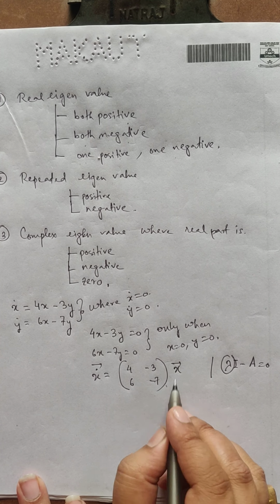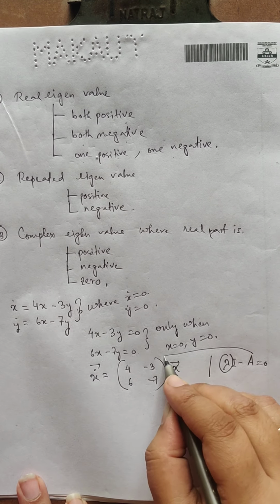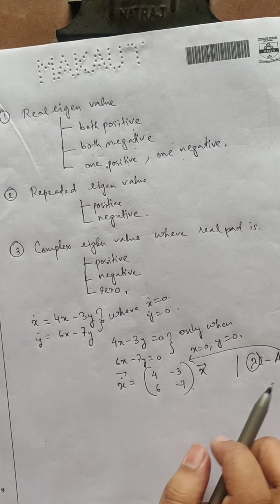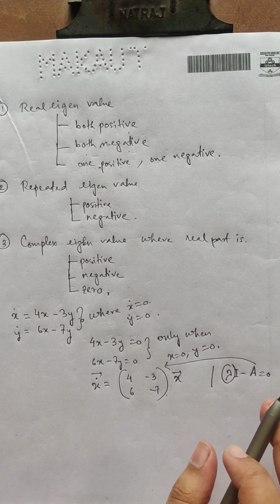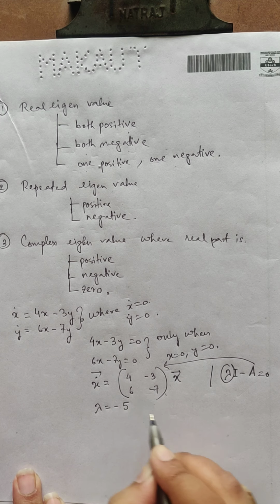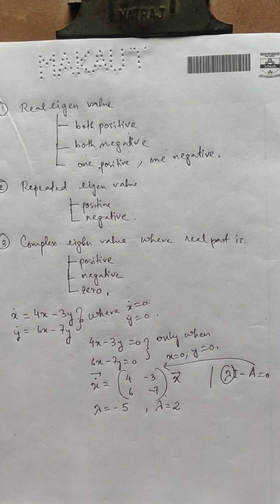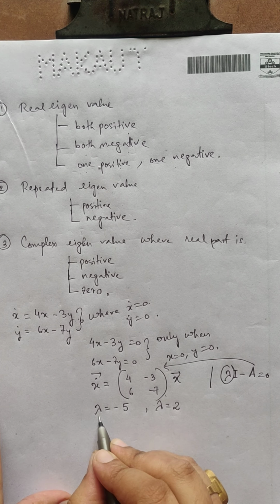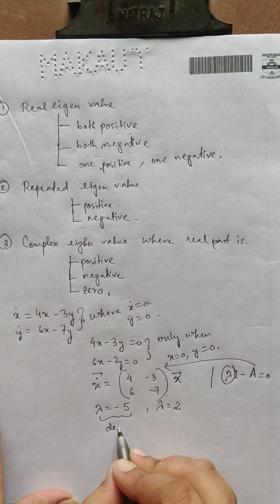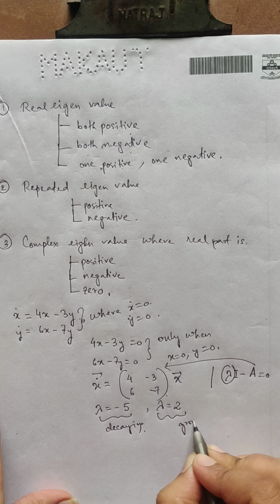Suppose by using this system matrix, I get lambda, one is minus 5, another one is 2. So what does this mean? This is my exponentially decaying curve and this is growing curve.